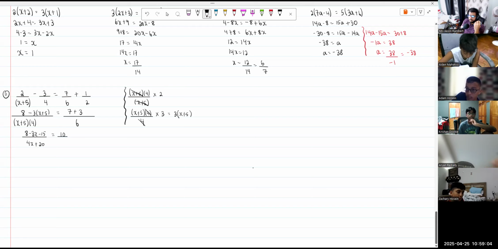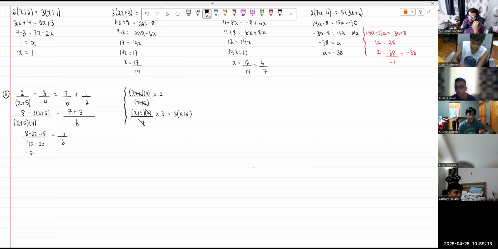Are you cool with this? I could still simplify. 8 take away 15, that is minus 7. So minus 7 minus 3x all over 4x plus 20 is equal to 10 over 6.